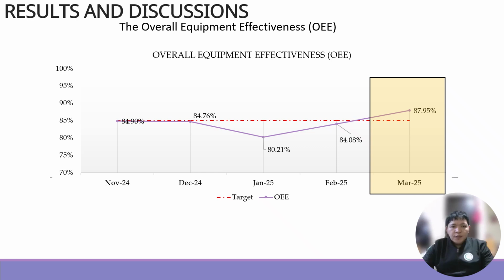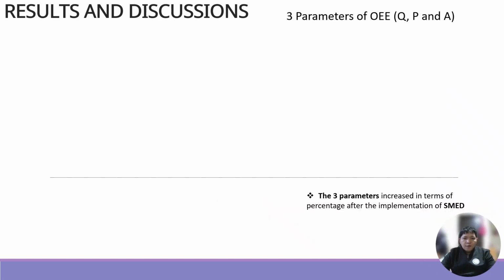For the OEE application of the TPM, you can see here the result of March 2025 only, which increased to 87.95%. So OEE increased after the application of the SMED. The parameters of the OEE are quality, performance, and availability.